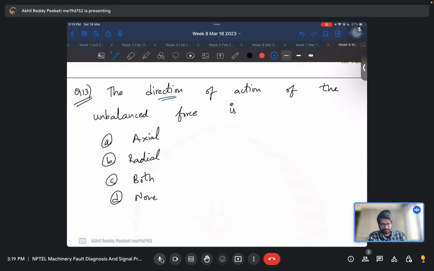Now, what would be the direction of action of the unbalanced force in the case of rotor with unbalanced mass?